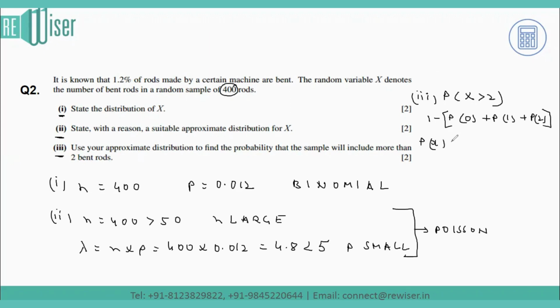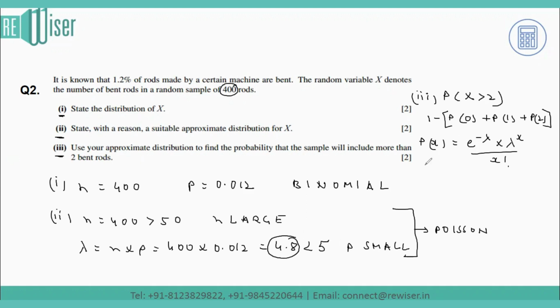P of x equals e to the power minus lambda into lambda to the power x divided by x factorial. The value of lambda that we have already found is n into p, which is 4.8.